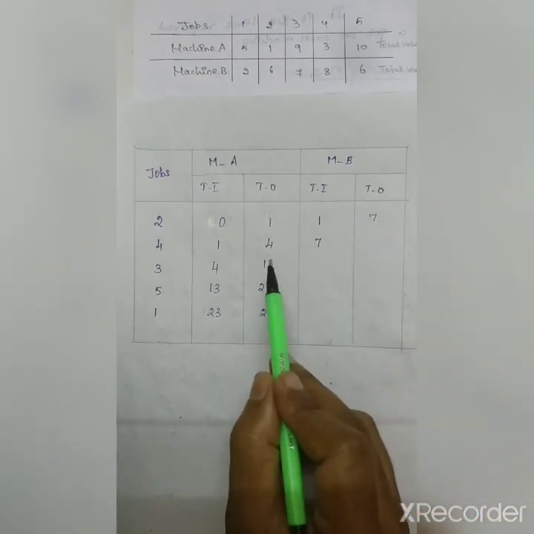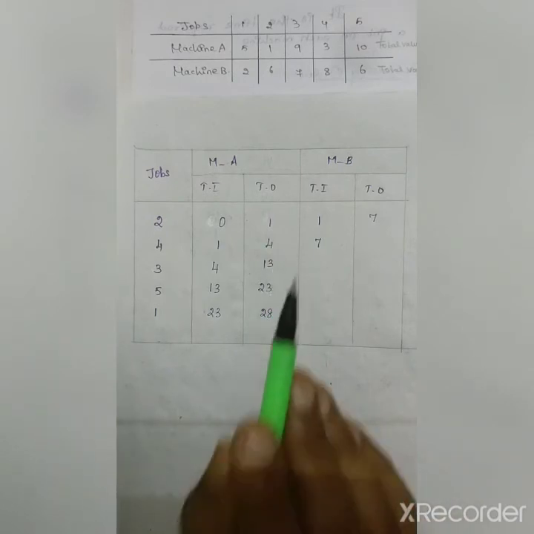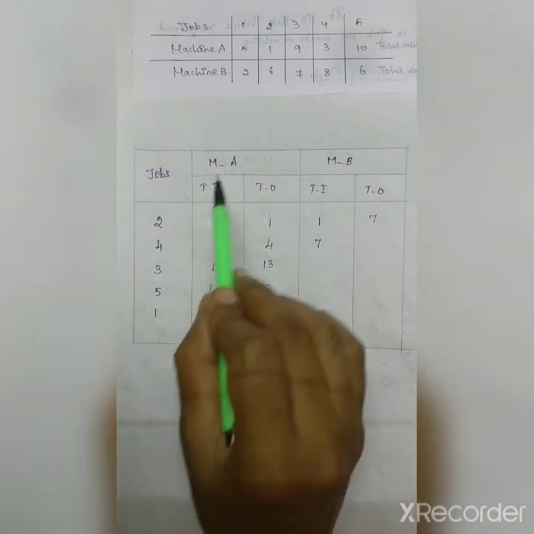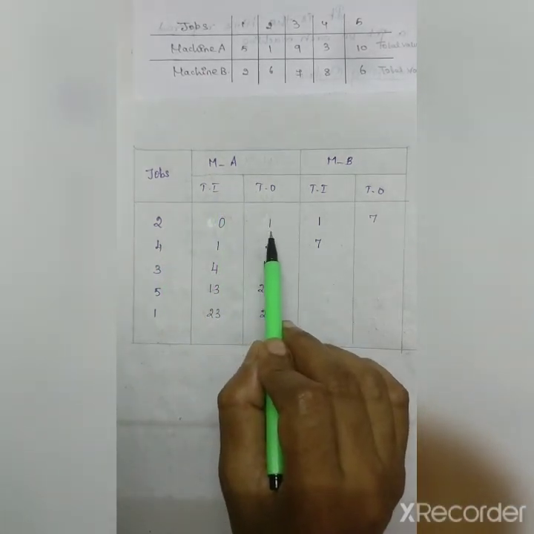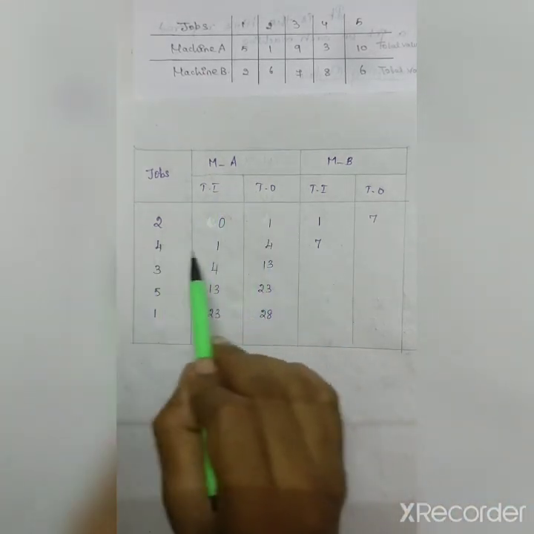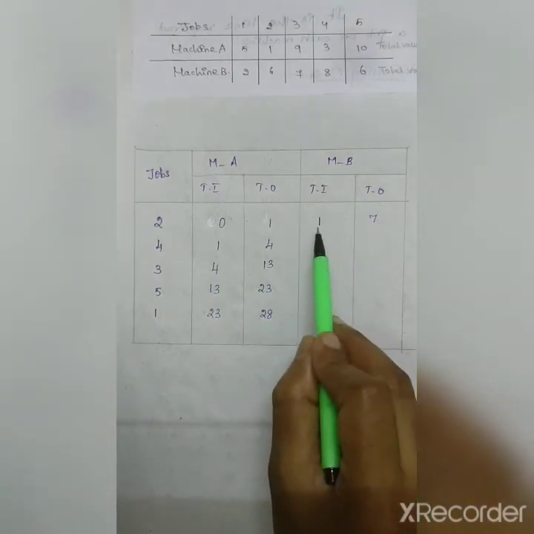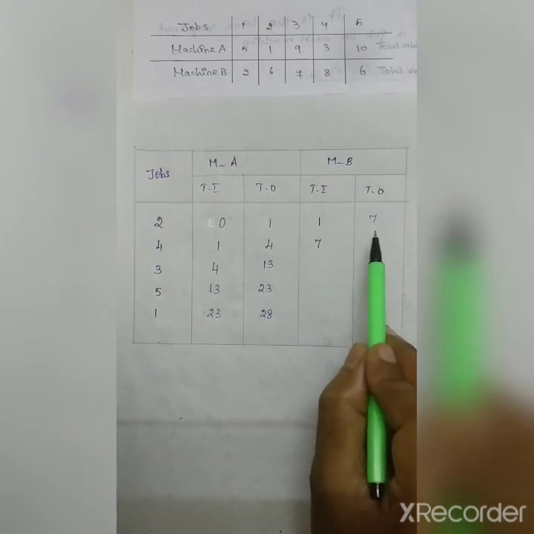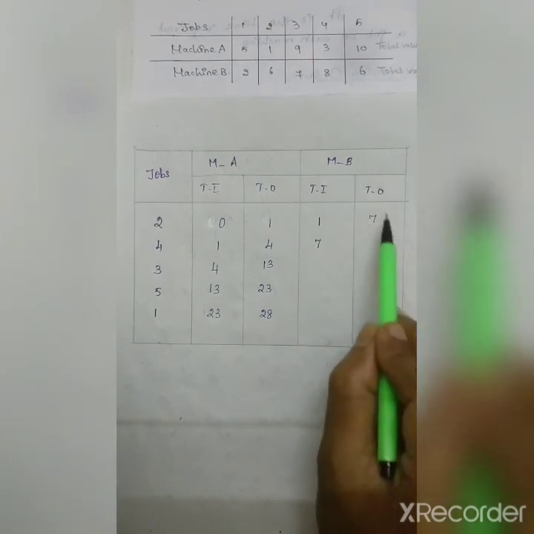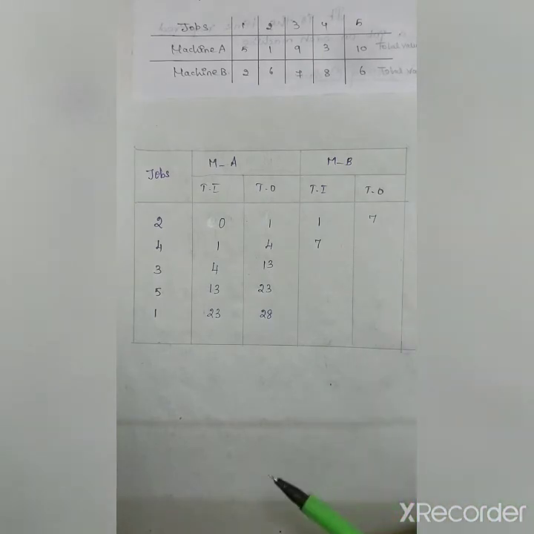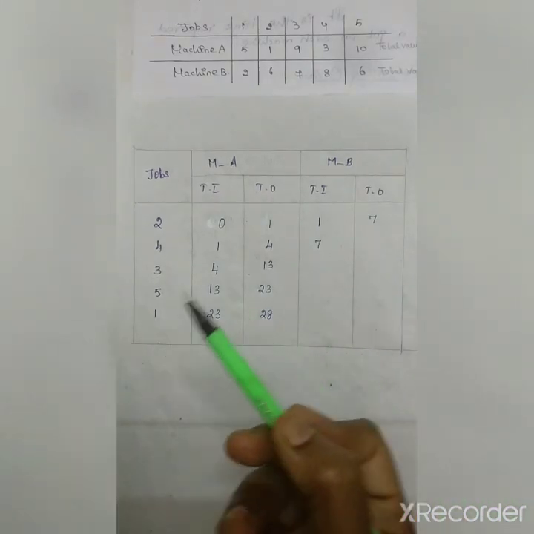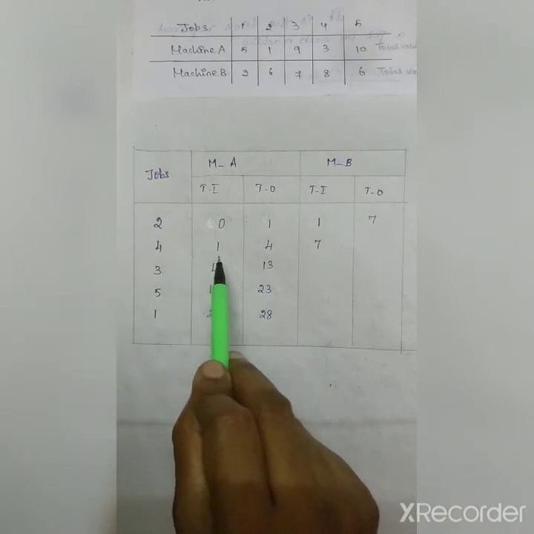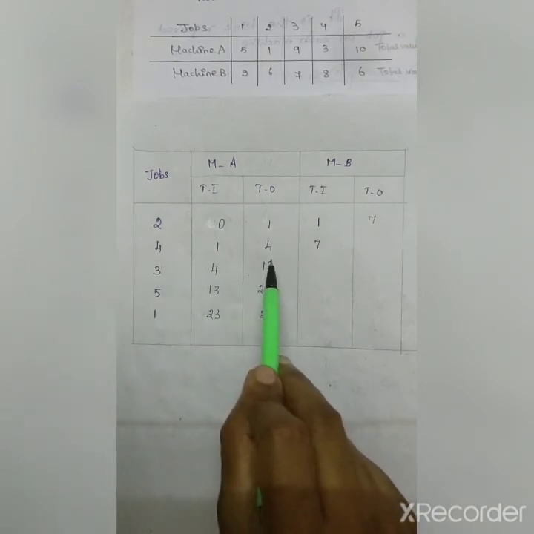Suppose you start job 2 at 10 o'clock in machine A, it will be finished at 11 o'clock. At 11 o'clock the same job appears in machine B, and 7 hours means it will be over at 6 o'clock. So job 2 will be finished in machine B at 6 o'clock. But in machine A, at 11 o'clock you apply the fourth job, which will be finished by 3 o'clock.